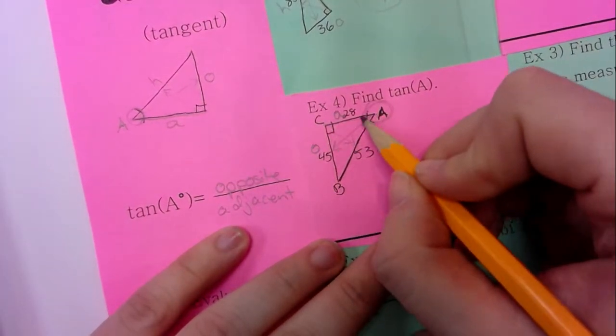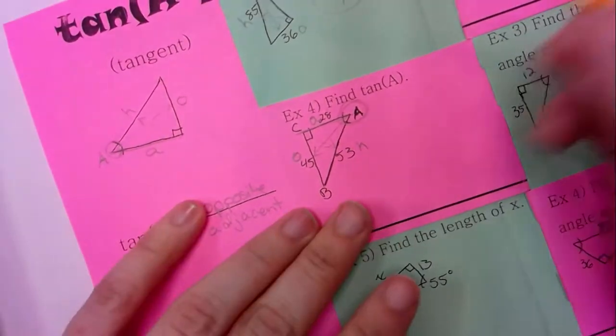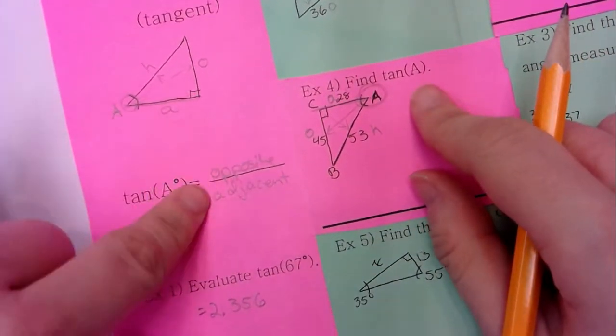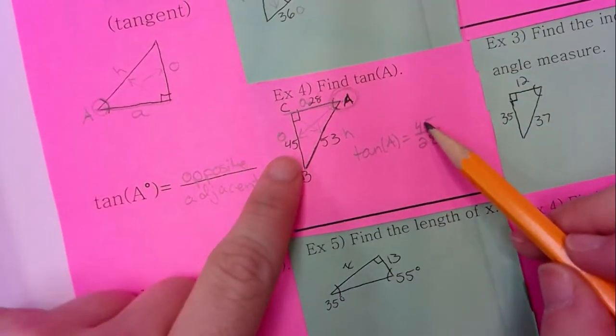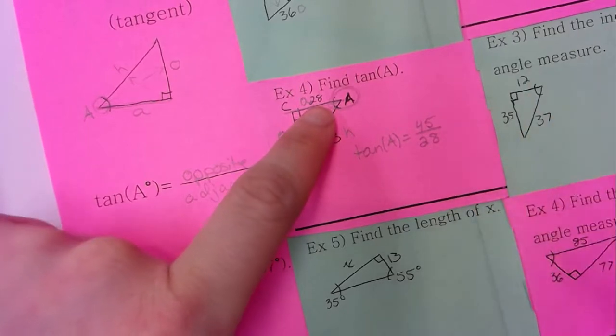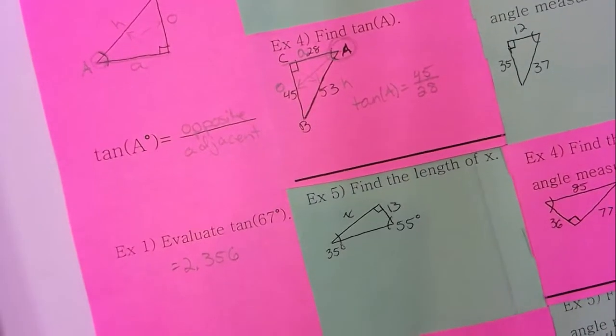And then 28 is one of the sides that makes up angle A, so it's the adjacent. So then go ahead and write the tangent. Remember, you're doing opposite over adjacent. And so you should have gotten tangent of A is 45 over 28. And again, if you could have simplified that, then you would want to go ahead and do that.